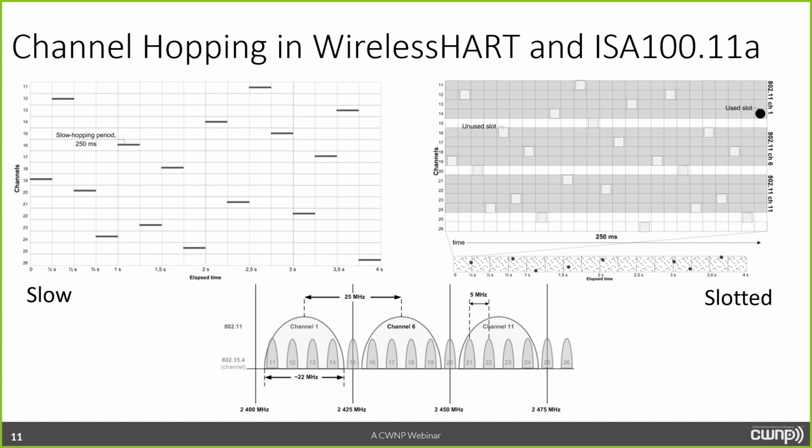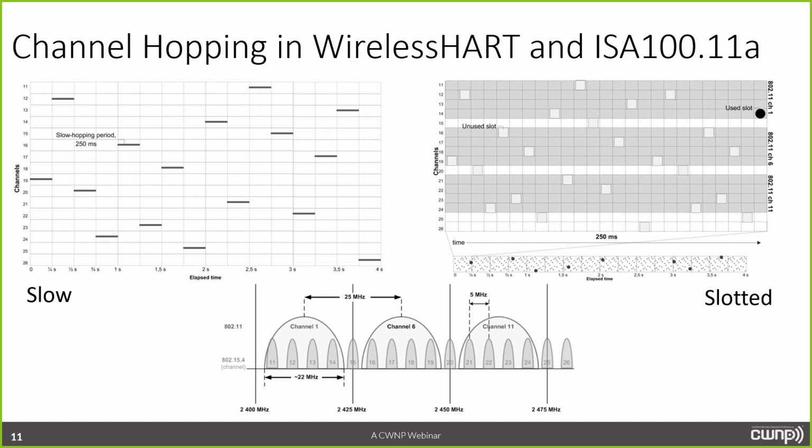Now, this hopping takes place across these channels in a defined pattern. So there's coordination that happens between the devices within the WirelessHART network.